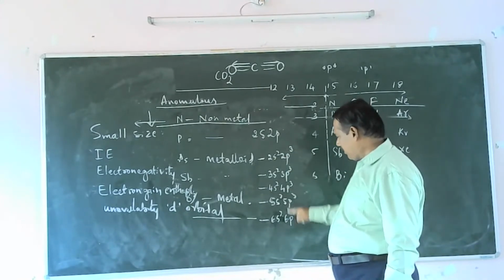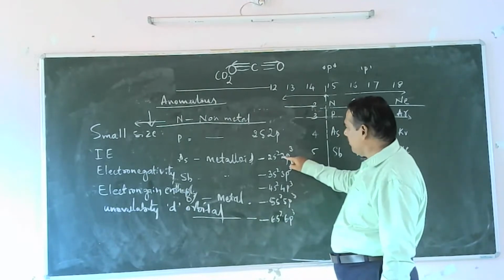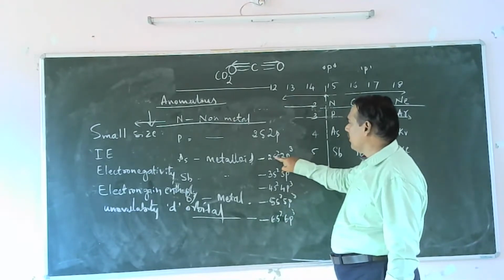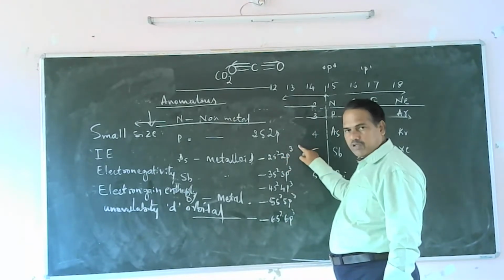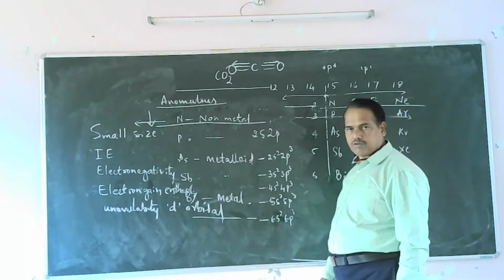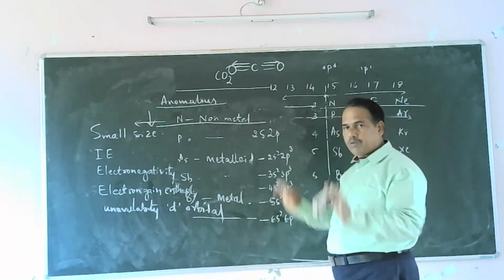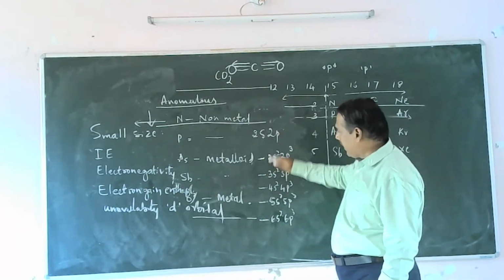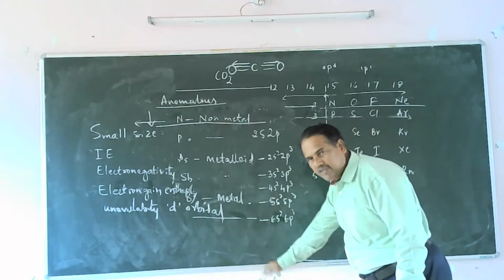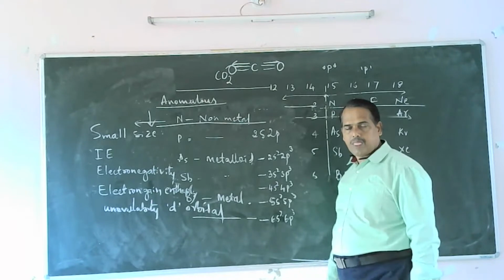As all have half-filled p orbitals, 2s and 2p of nitrogen can participate in bonding easily because inner electrons are very few. The inner pair effect increases as we come down the group.